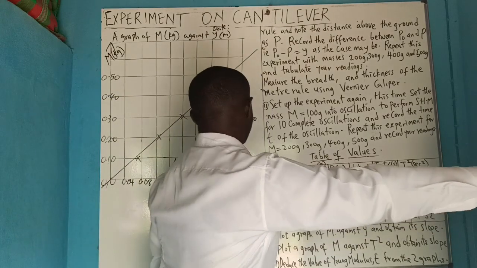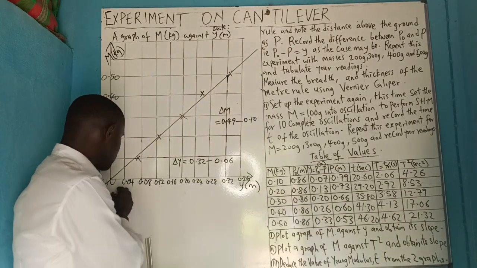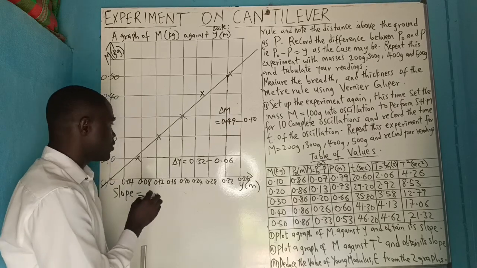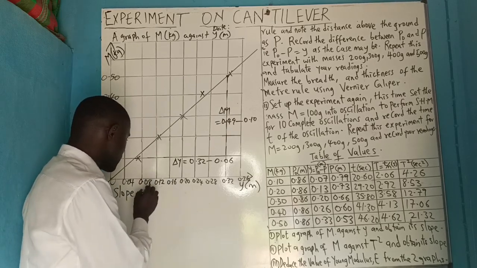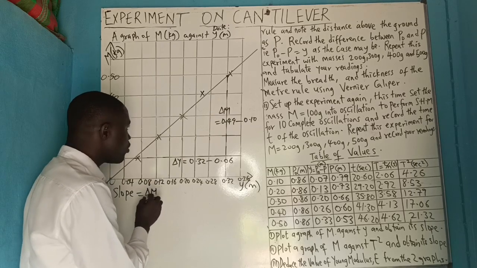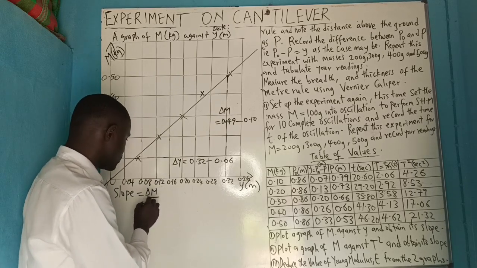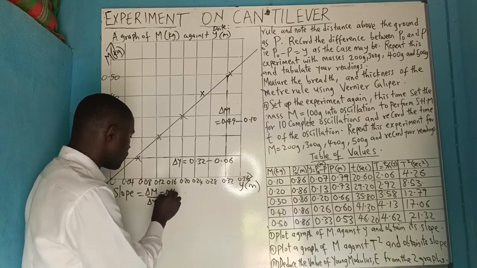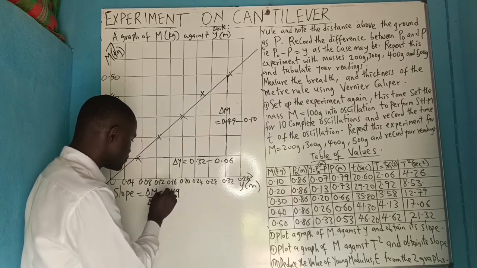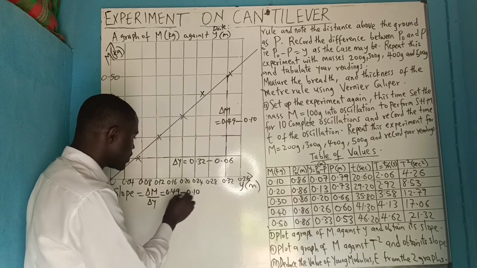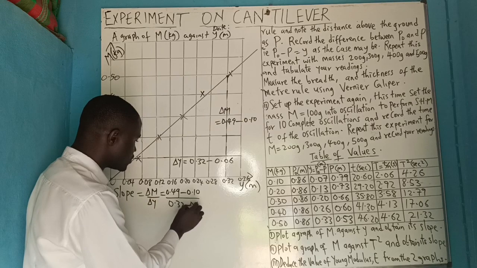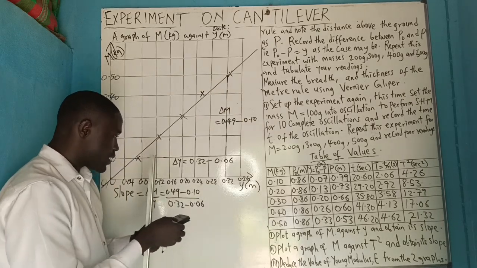Then we use our calculator and say our slope is equals to change in M all over change in Y, which is 0.49 minus 0.10 all over 0.32 minus 0.06. Okay, let's check.